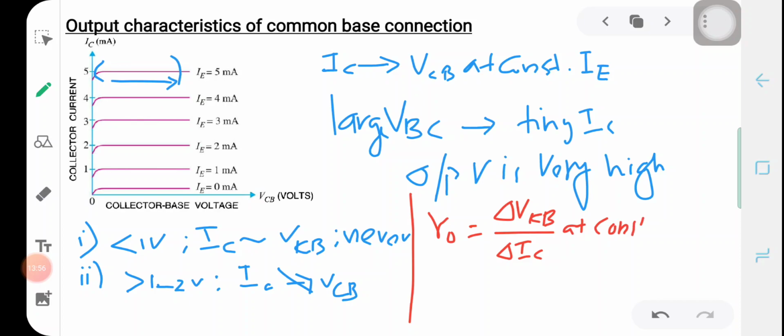Remember that the constant which we are keeping here is the emitter current IE, so at constant IE. So this is the expression for the output resistance of a common base configuration.